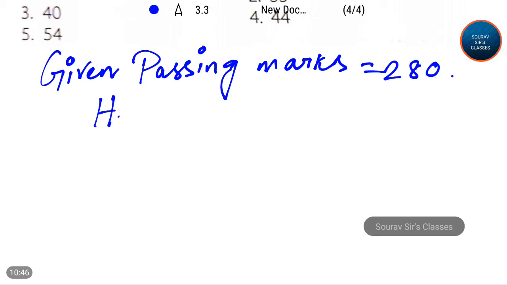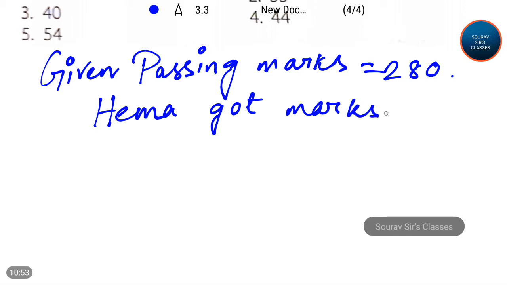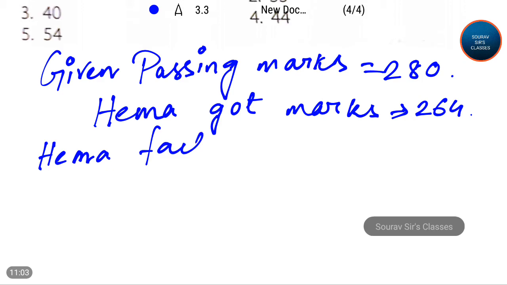Now Hema got the mark 264, and it was declared that Hema failed by 2% marks.